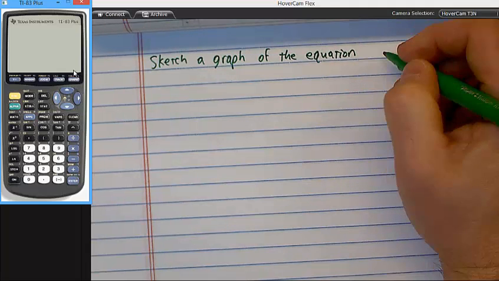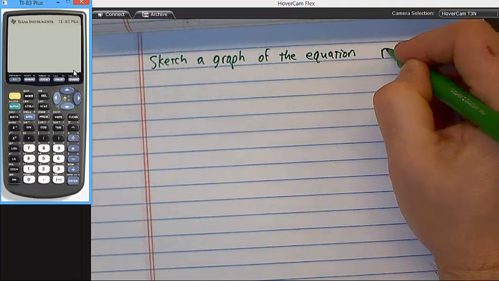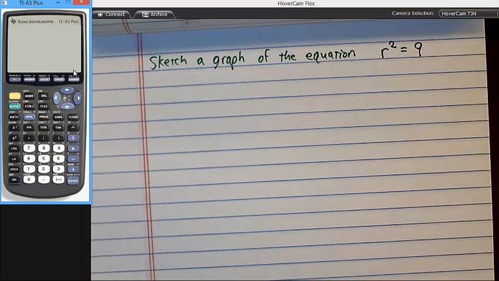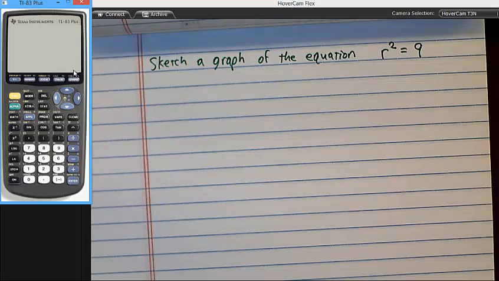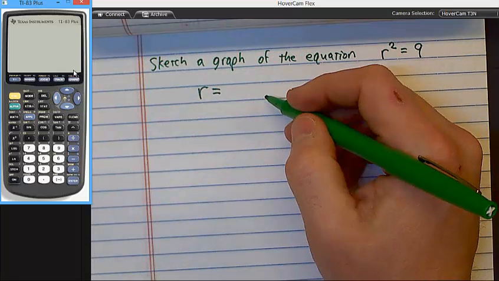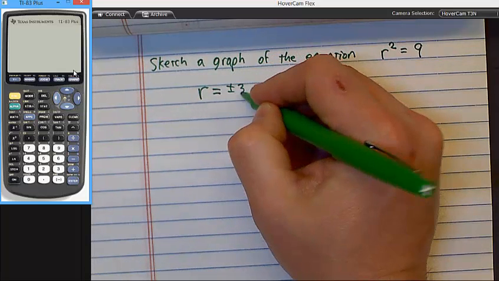How about I say r squared equals 9? Of course, what I could be saying equivalently is that r equals what? 3 plus or minus 3, right?